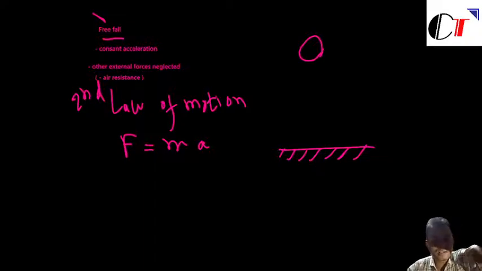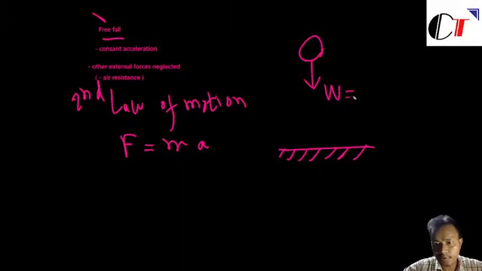So we have to find all the forces acting on the object and insert them in this equation. If your object is free falling, you have neglected all the external forces, so the only force is the pull by gravity. From your O level, you know it's just the weight of the object, which equals mg.